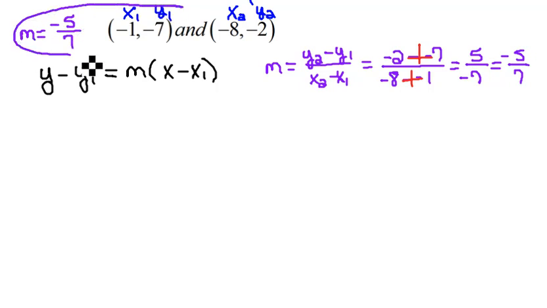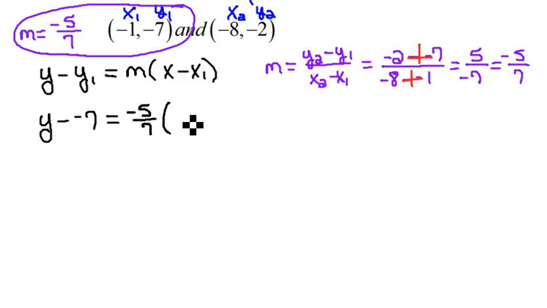Now we can use that slope and that point in order to write our equation of our line. So our equation would be y minus, instead of y1, we'd use negative 7 equals, instead of the slope, we're going to be using negative 5/7 times x minus, our x1 is negative 1. Now again, our double negatives here become positive.